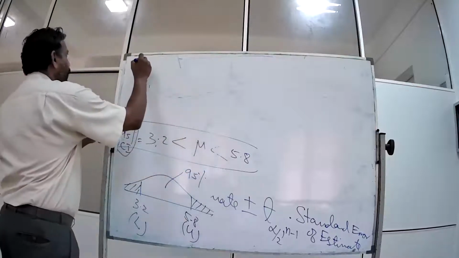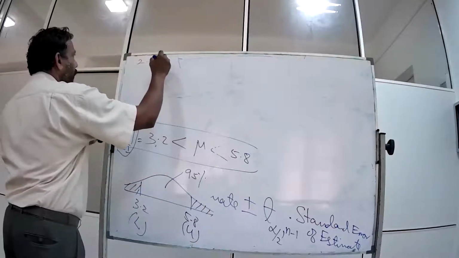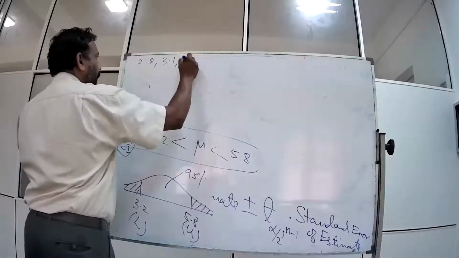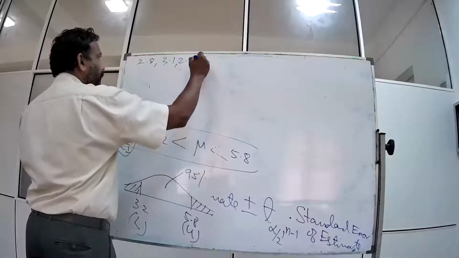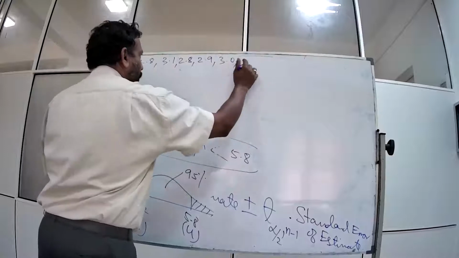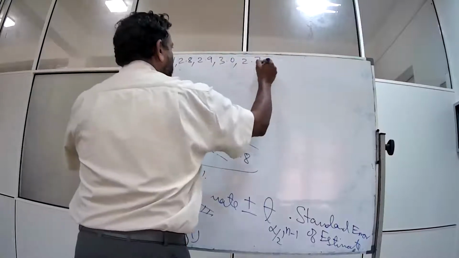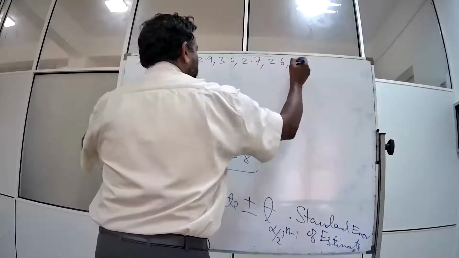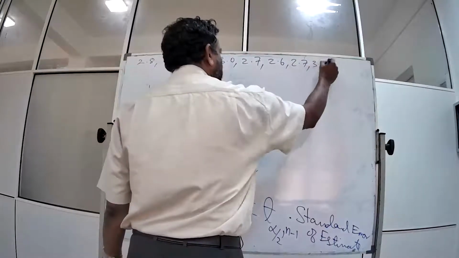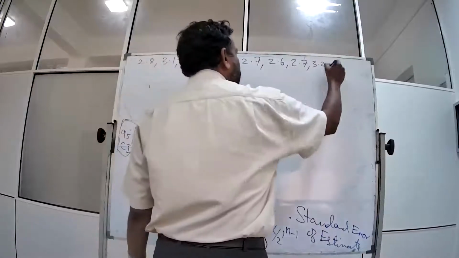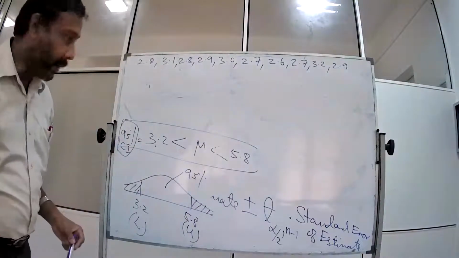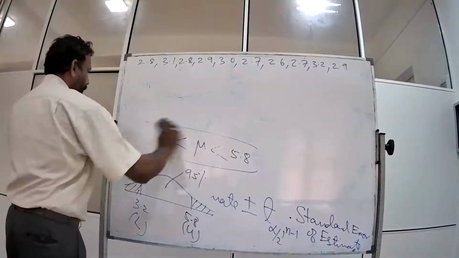I will write down the values: 2.8, 3.1, 2.8, 2.9, 3.0, 2.7, 2.6, 2.7, 3.2, 2.9. It is on the board. See whether all values are correct. Okay, you can continue.